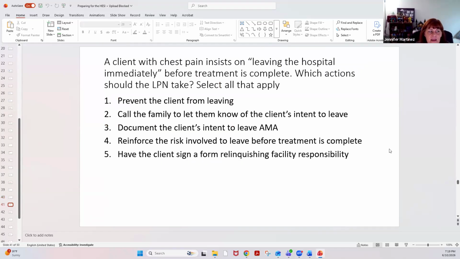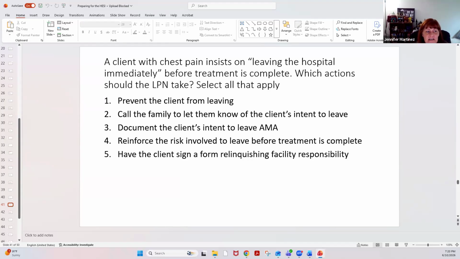All right. A client admitted with chest pain insists on leaving the hospital immediately before treatment is complete. Which actions should the LPN take? Select all that apply. One, prevent the client from leaving. Two, call the family to let them know of the client's intent to leave.